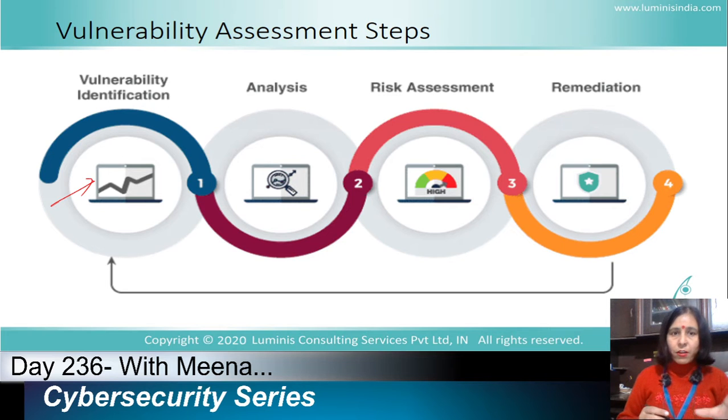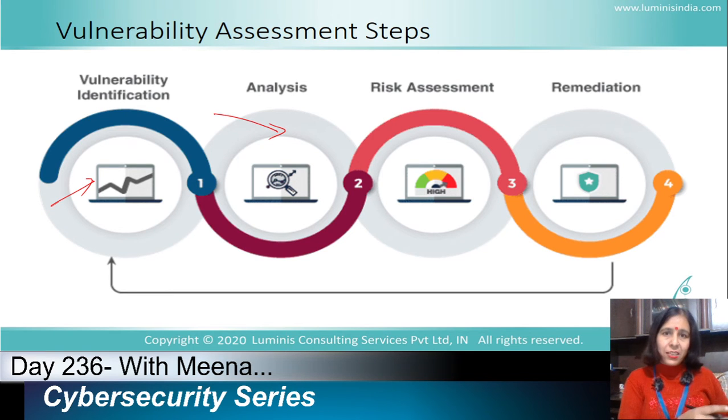After finding the vulnerabilities, definitely you need to analyze and understand what exactly these vulnerabilities are, and what the impact on our organization will be if a certain kind of attack happens. What will be the risk to the organization? Is that data very critical?